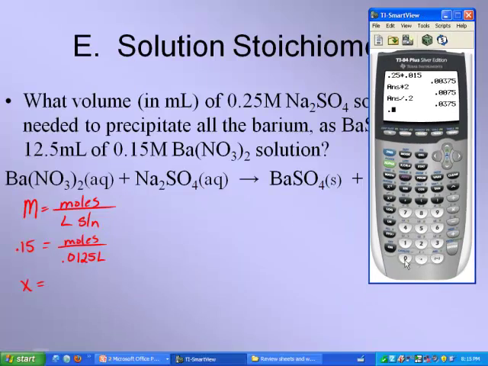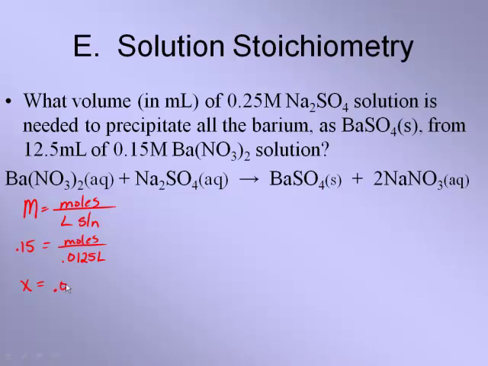Cross multiply. 0.0125 times 0.15 is 0.001875. And this is moles of barium nitrate.